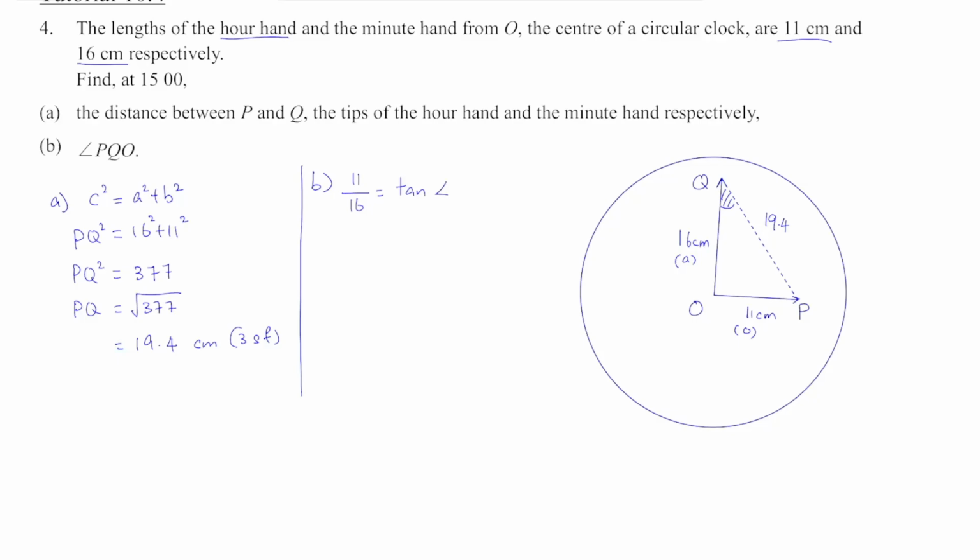So in this case, the angle is PQO. Okay, then I want to make angle PQO the subject. So angle PQO equals to tangent inverse, open bracket, 11 over 16, close bracket. Okay, then key into your calculator, you should get 34.5 degrees, 1 dp, and this is the answer.